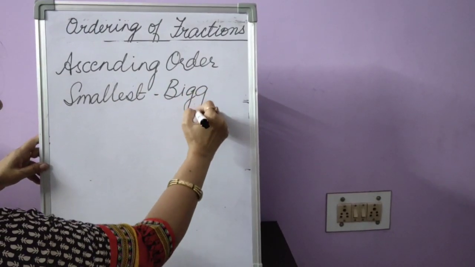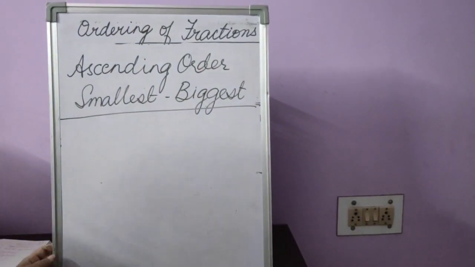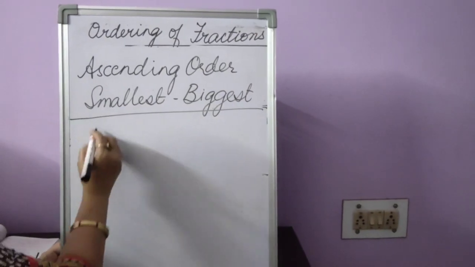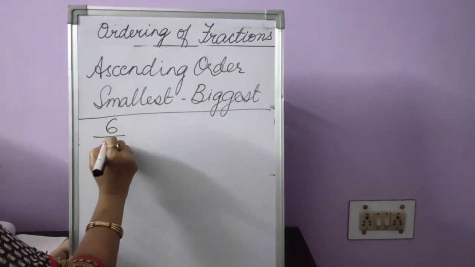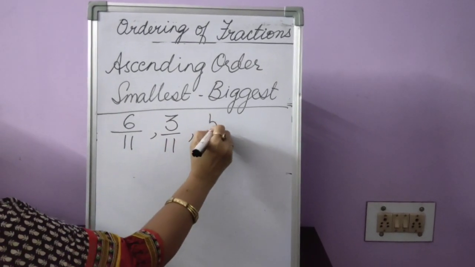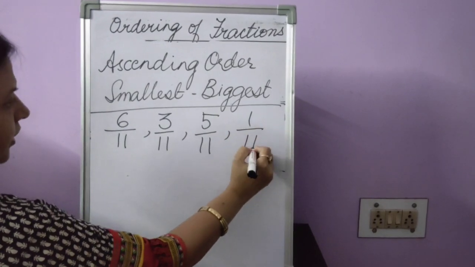Isn't it, children? I think you all know ascending order and descending order. So, if you have around 4 fractions given over here. Let us look at the 4 fractions. 6 upon 11, 3 upon 11, 5 upon 11 and 1 upon 11.